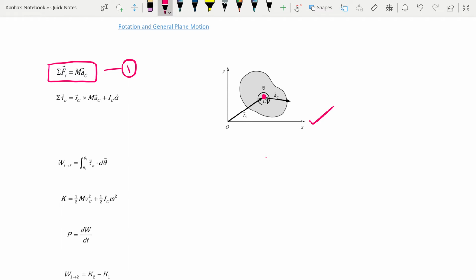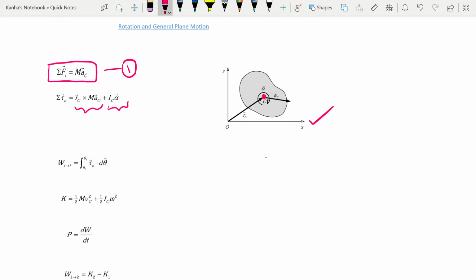Now I want to find the torque of this entire body. So how do I do that? First of all, I find my torque as r cross F, where F is basically m a_C. This is for the center of mass of the body, or the centroid of the body through which the axis is passing. And then I add to it the torque of all the particles in the body with respect to this axis.